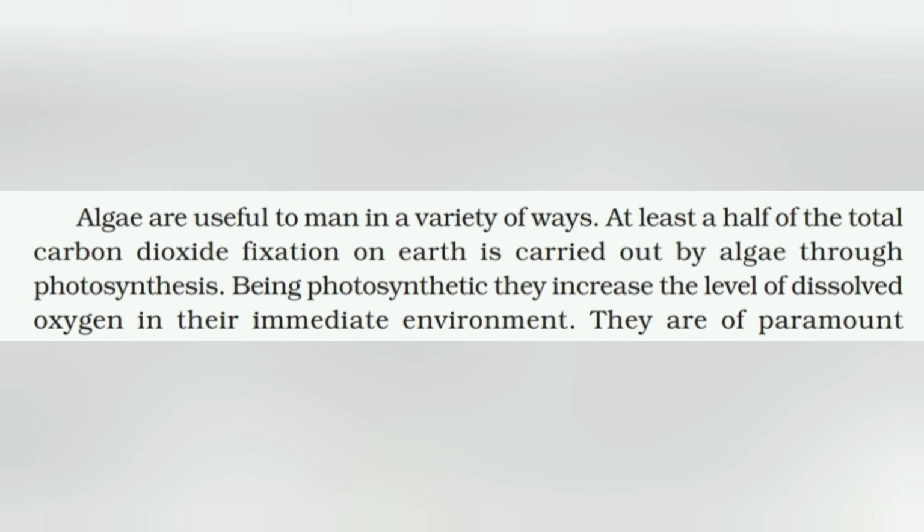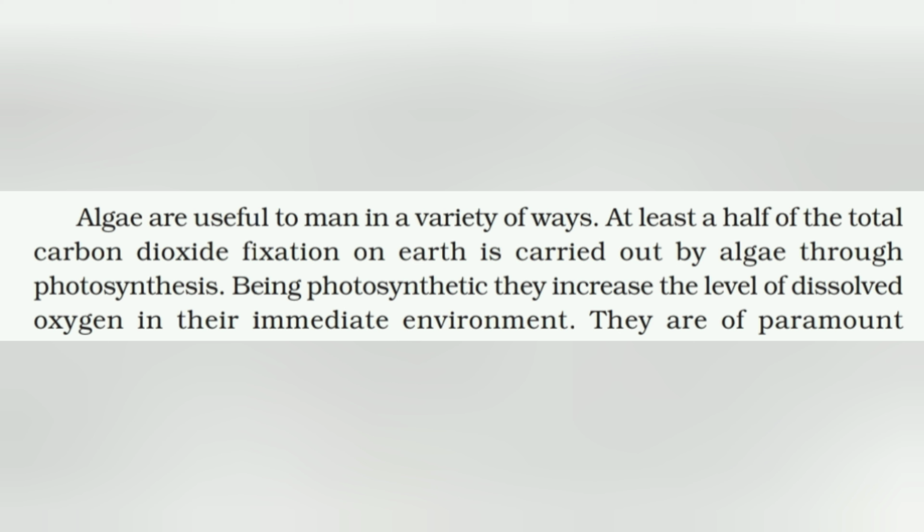Algae are useful to man in a variety of ways. At least half of the total carbon dioxide fixation on earth is carried out by algae. As we know, during photosynthesis, plants take in carbon dioxide and utilize it for making their food. Being photosynthetic, they increase the level of dissolved oxygen in their immediate environment.